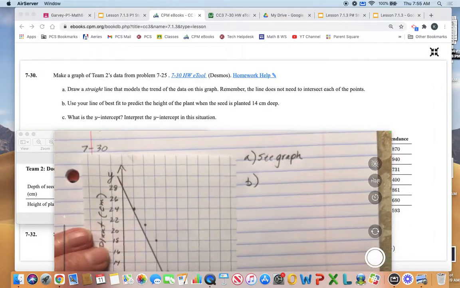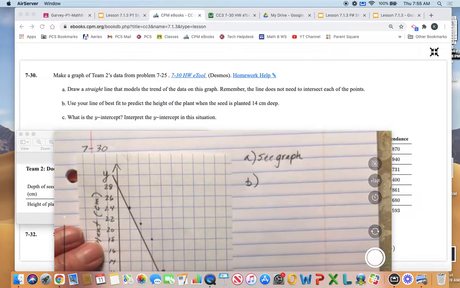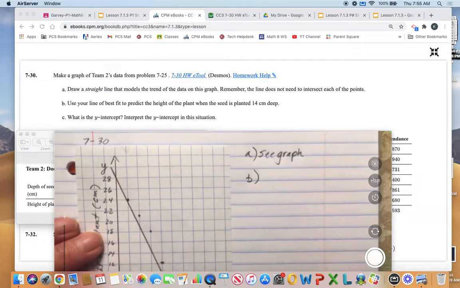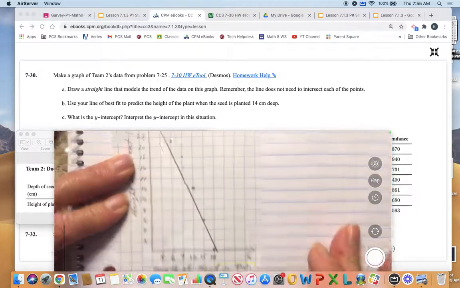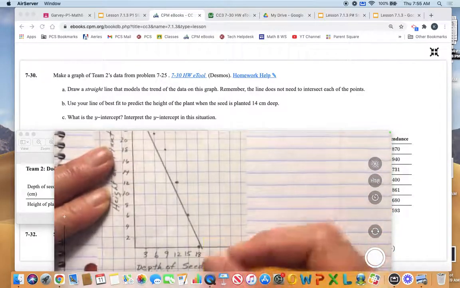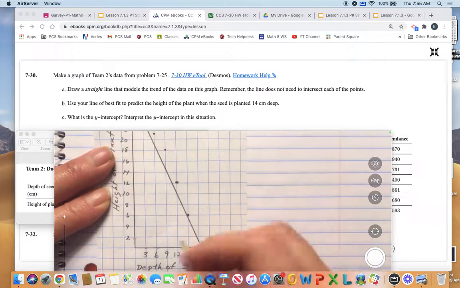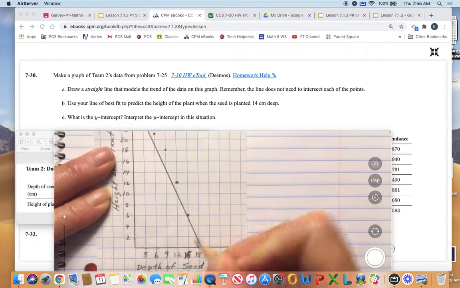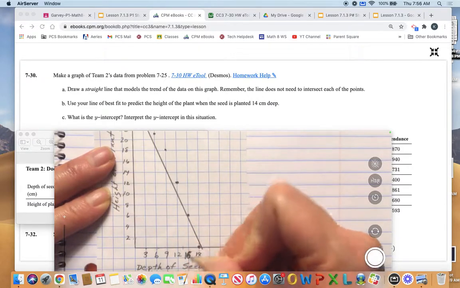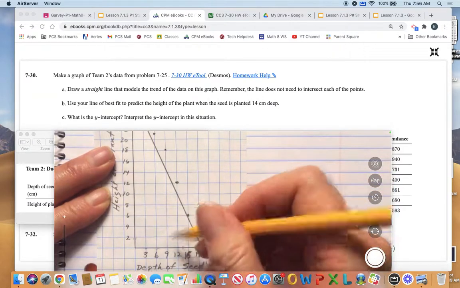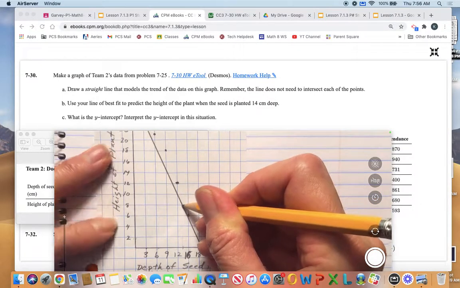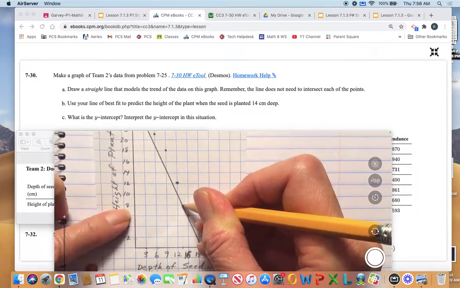So use your line of best fit to predict the height of the plant when the seed is planted at 14 centimeters. Okay, so 14 centimeters would be, oh, that should be a 16. Okay, so 14 centimeters is in between those two. So if it's at 14 centimeters, then it's right about there. It's going to grow to a height of 8.